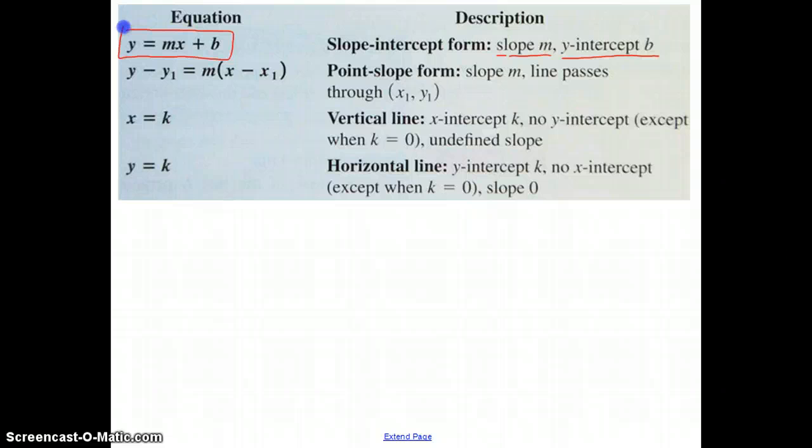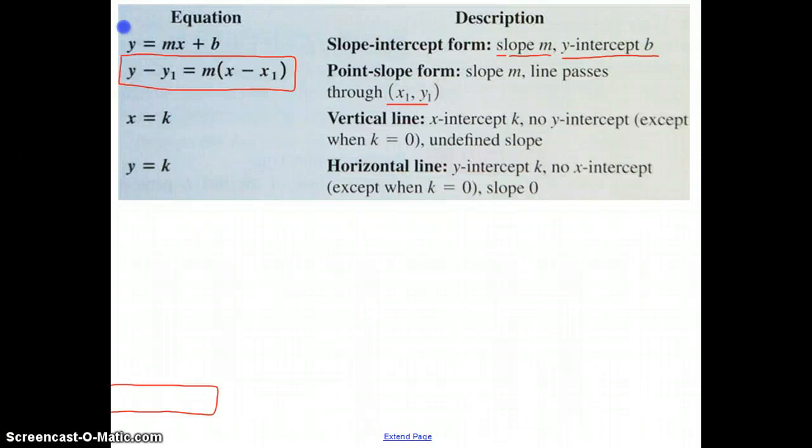So, the other equation, this next one, I always understood it, but I never really liked using it until I started teaching this class a couple years ago. And the more I used it, the more I liked it. It's called point-slope form. So you use it when you know the slope of a line and you know a point that the line is going through.